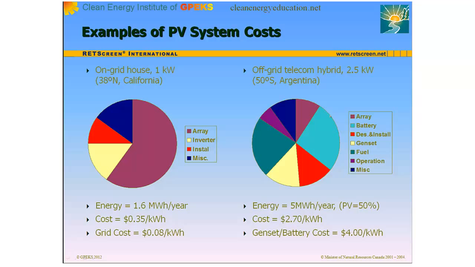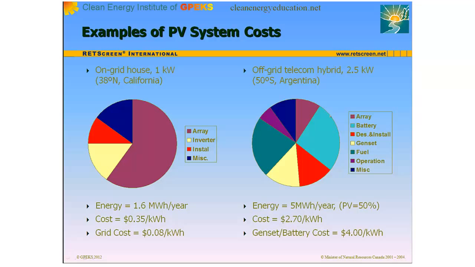The second example is a remote 2.5 kilowatt PV hybrid system powering telecommunications equipment in southern Argentina. Here the largest single expense over the life of the system is the purchase of batteries every 5 or so years. Fuel purchases for the genset are the second most important cost.